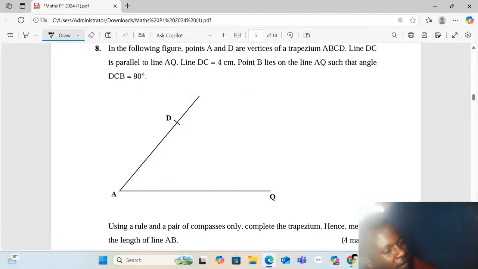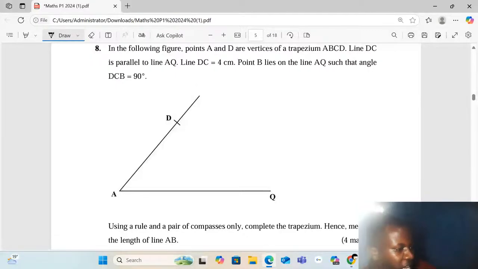Therefore, we have to find a line parallel to AQ, passing somewhere up here. So for us to construct, we have to construct a parallel line so that we locate point C on that parallel line.